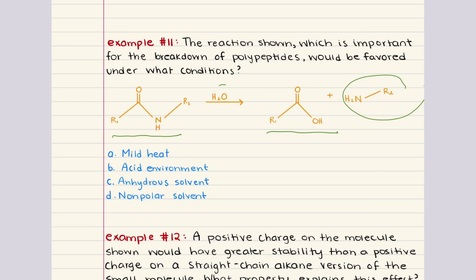And this is going to facilitate nucleophilic attack by water, which leads to cleavage of the amide bond and formation of a carboxylic acid and an amine or ammonia. So the conditions that favor this reaction is an acidic environment, which is choice B.